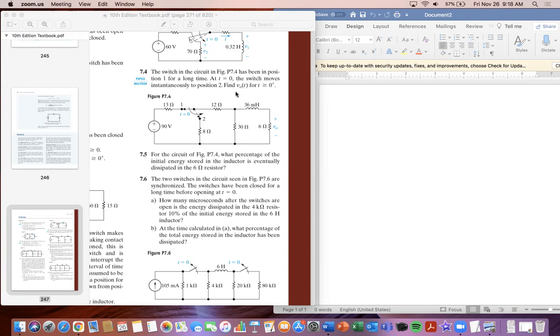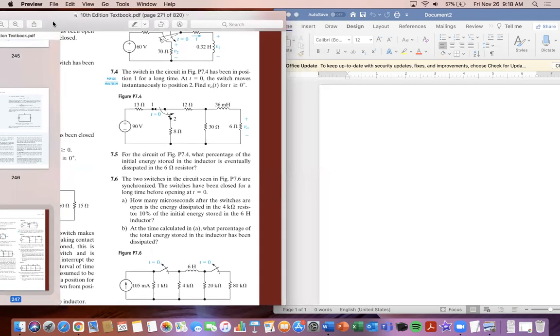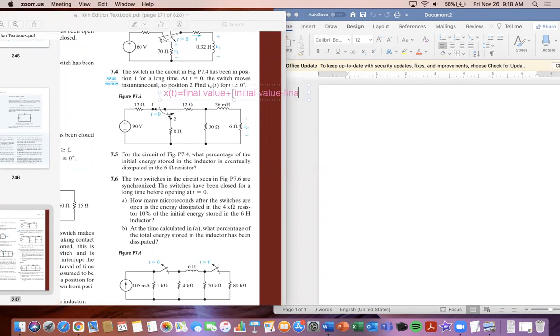Okay. What I'm seeing right here is, whenever it tells me to write an equation for it, what's going through my mind right now is that x of t is equal to the final value plus the initial value minus the final value times e to the negative t divided by tau.